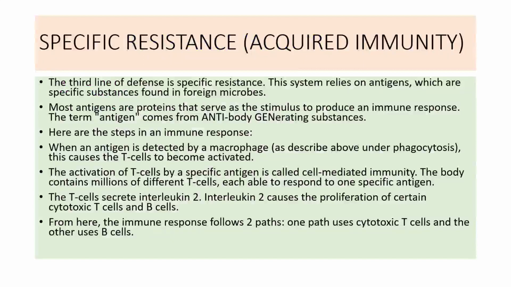Then coming to the third line of defense, that is the specific resistance. It is also known as acquired immunity. This immunity is because of the lymphocytes. So when we talk about the three lines of defense, we say the first line of defense is formed by the skin, the lacrimal gland, the ceruminous gland, the saliva, the mucous cells, and the HCl.